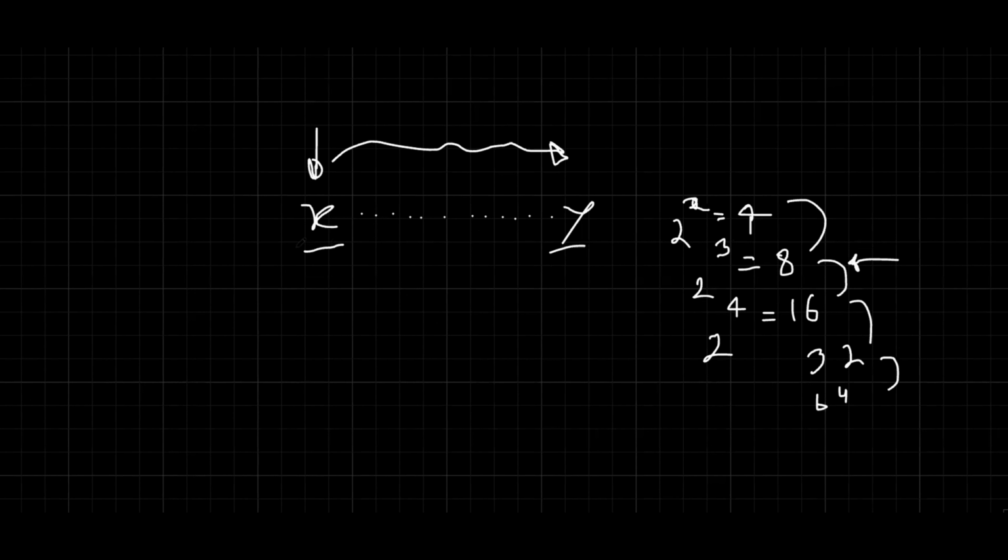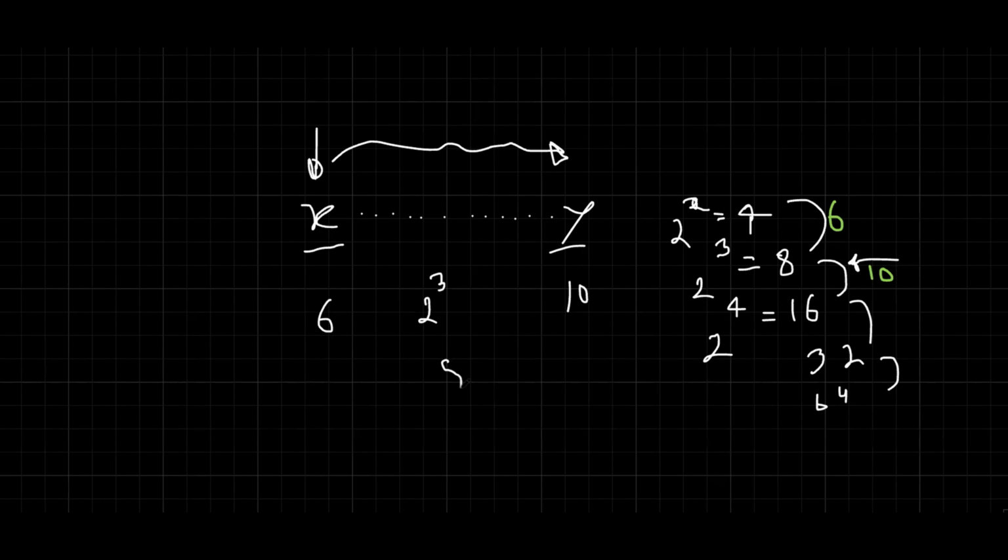Suppose the value of x is 6 and the value of y is 10. Now, 6 appears in the range between 4 and 8, and 10 appears in the range between 8 and 16. Between 6 and 10, there is one integer which is a power of 2, 2 to the power 3, that means 8.